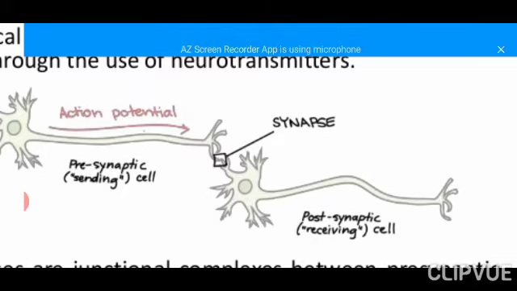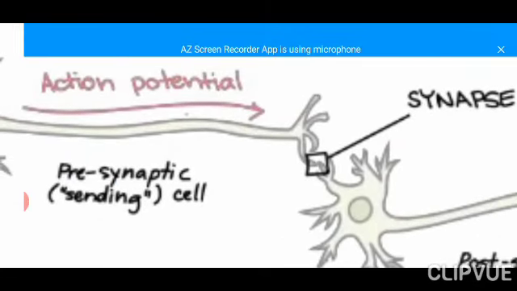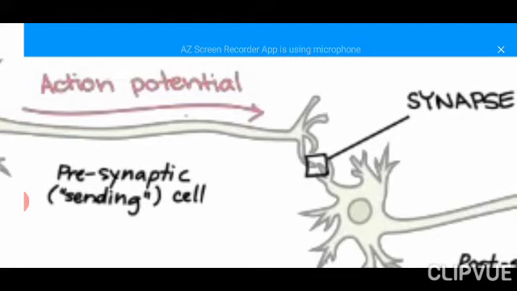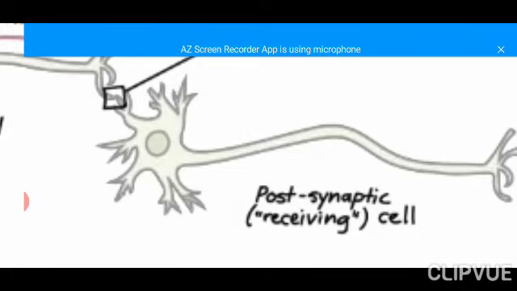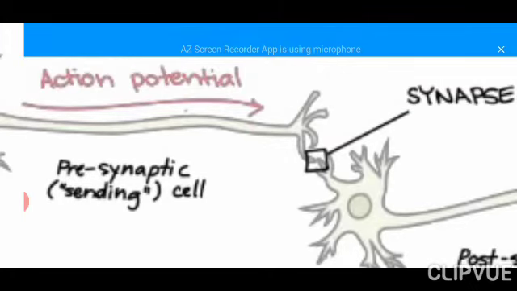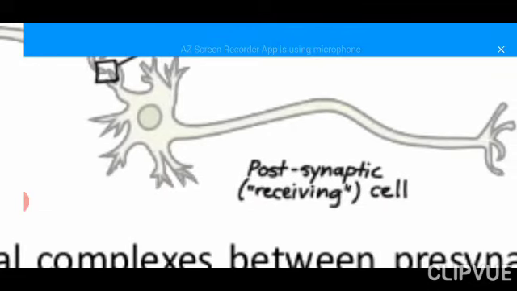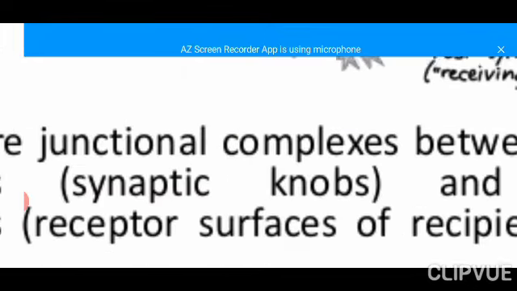Note, the purpose of a synapse is to ensure that action potential passes from the presynaptic neuron, which is the neuron before the synapse, to the postsynaptic neuron, which is the neuron after the synapse. The presynaptic neuron is the sending neuron, sending action potential to the postsynaptic neuron, which is the receiving neuron. The main purpose of a synapse is to ensure action potential moves from one neuron to another.